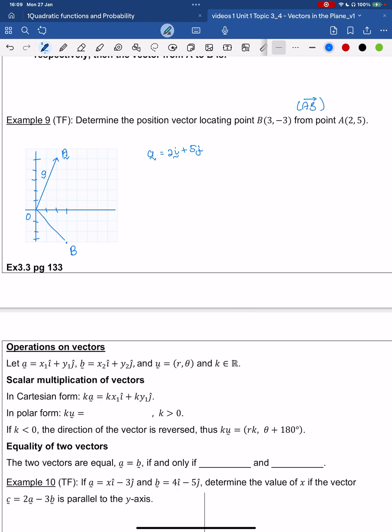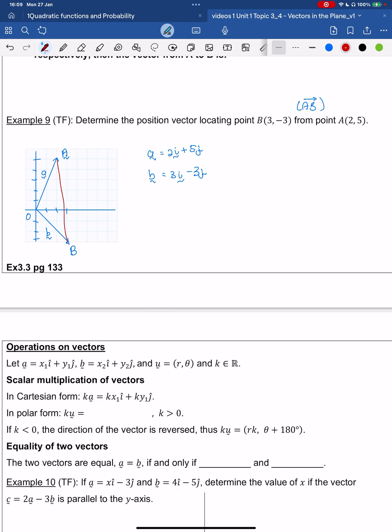Let's call this one B. And B is going to be 3 in the i direction minus 3 in the j direction. Excuse me, minus 3j. Now, to get from A to B, let's have a look.